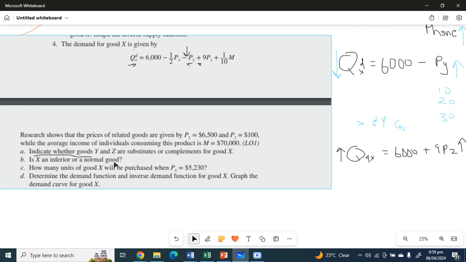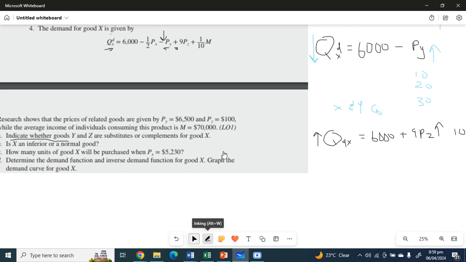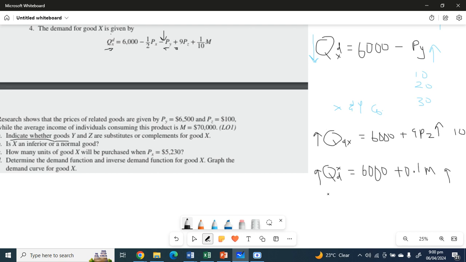If it's a normal good, if your income goes up, then the quantity demanded for the good goes up. So with this equation, let's isolate QDX with this 1 over 10 M. 1 over 10 is the same as 0.1 M. If we start increasing the value of M, let's say M equals 10, 20, 30, we're going to notice the quantity demanded of good X will be going up.